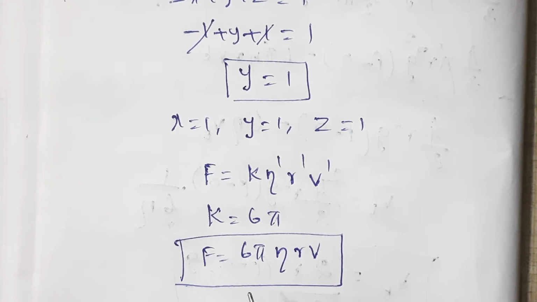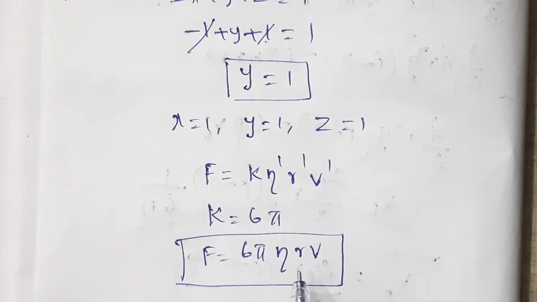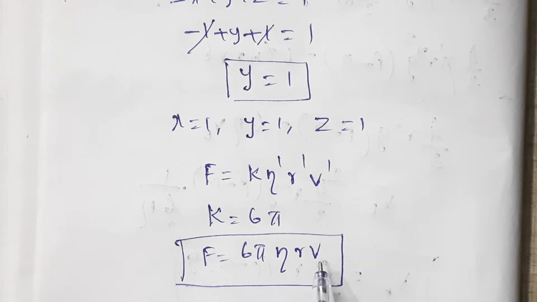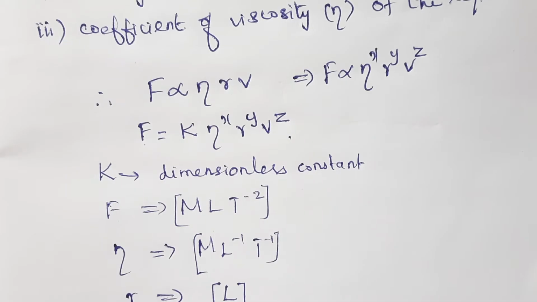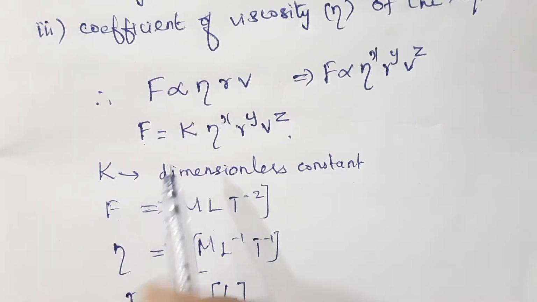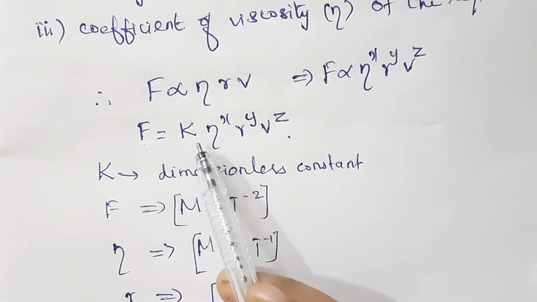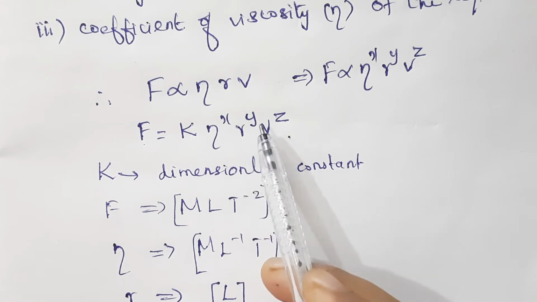And he concluded that the force depends on the radius of the sphere, the velocity of the sphere, and the coefficient of viscosity of the liquid. Then he found the equation: F is proportional to eta r v, F is equal to k into eta power x, r power y, v power z.